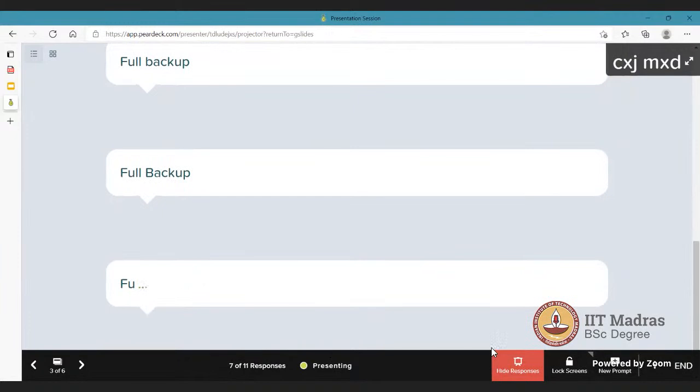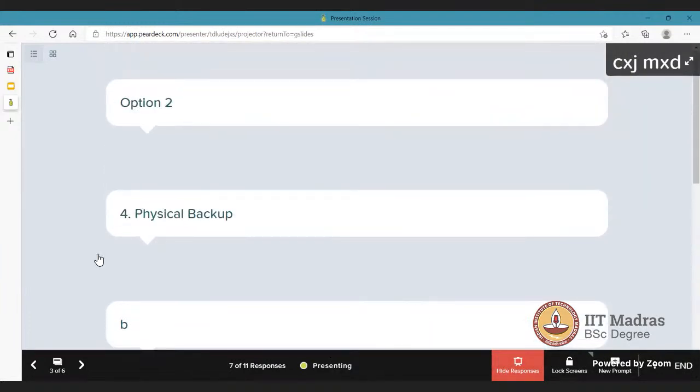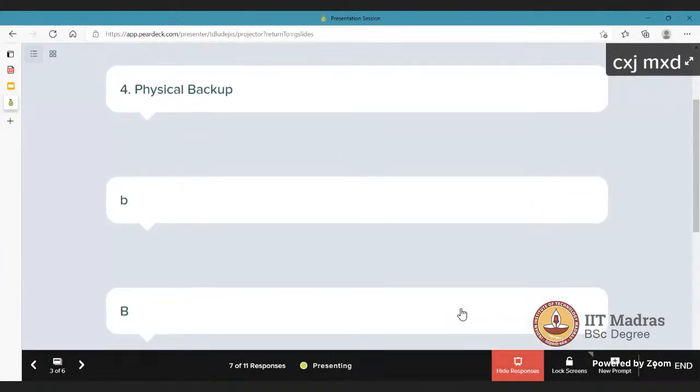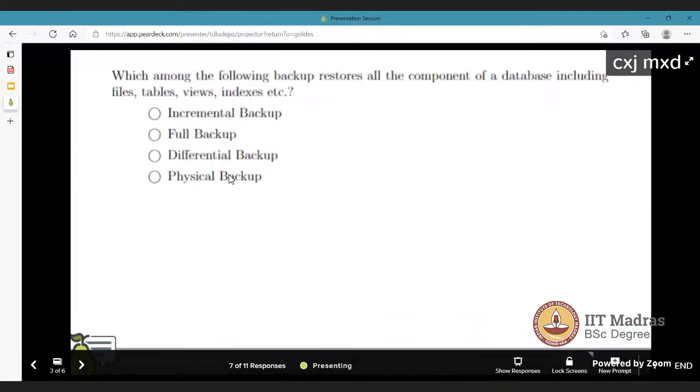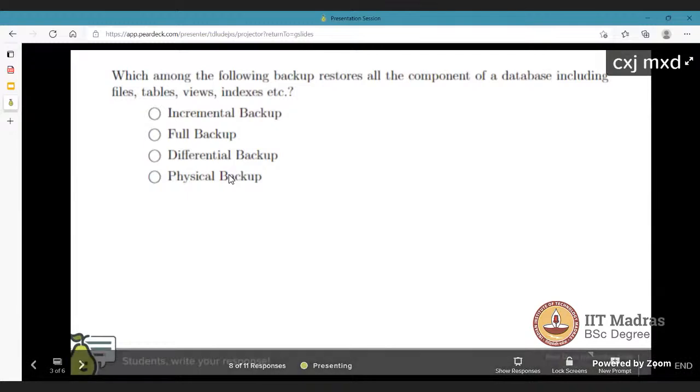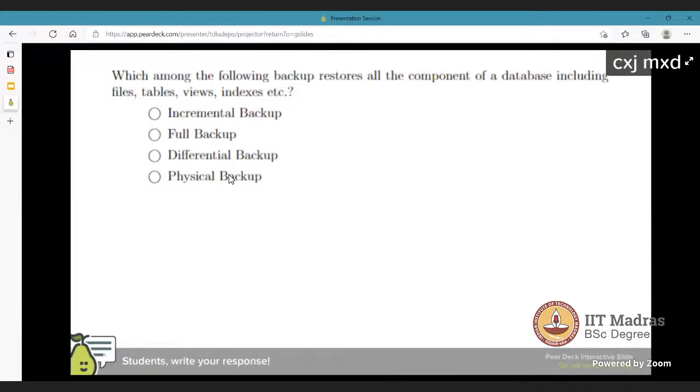Why physical backup? Can anybody tell? Physical backup will basically keep the copy of the physical structure of the database, the log files and everything, right?